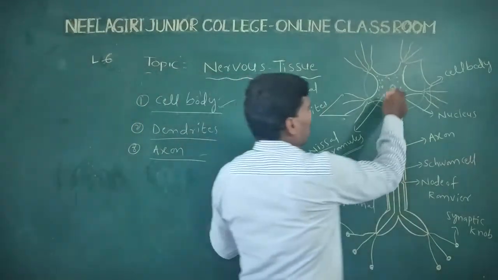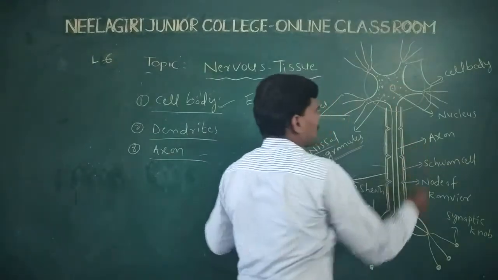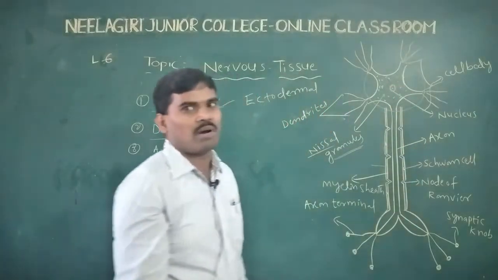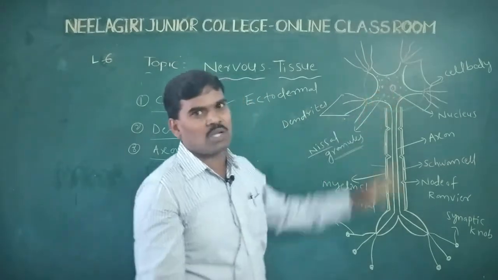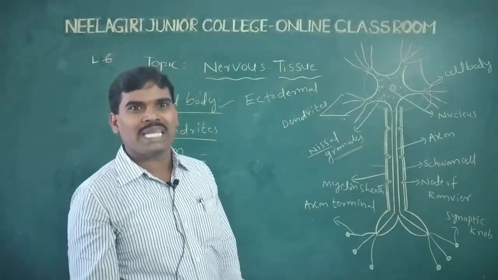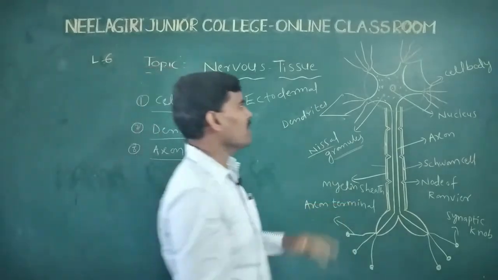Only one nucleus is present, in the central part of the cell body. A single nucleus present is called uninucleate.